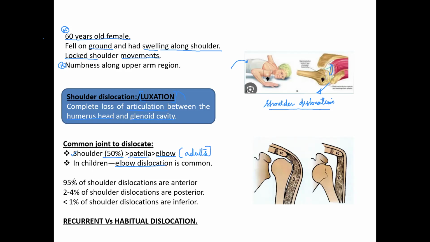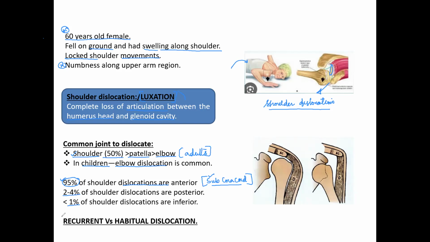Out of the shoulder dislocations, 95% are anterior, and among these the maximum is subcoracoid. These are common questions asked in your PG entrance. Very few are posterior dislocations, and the least common is the inferior dislocation.